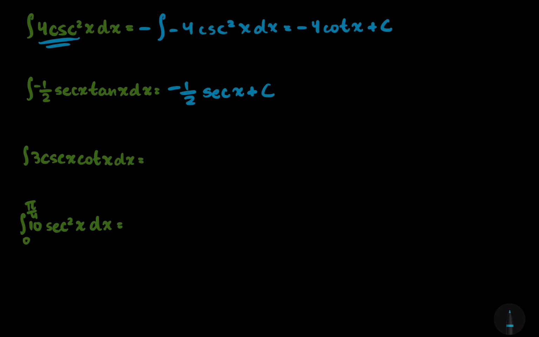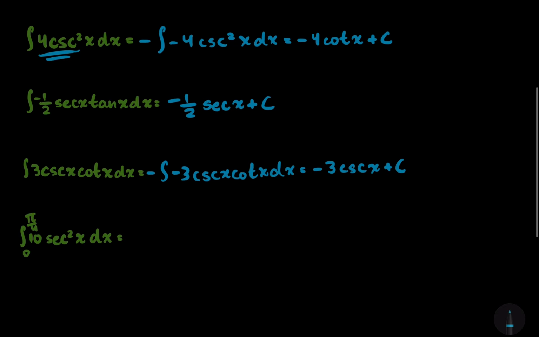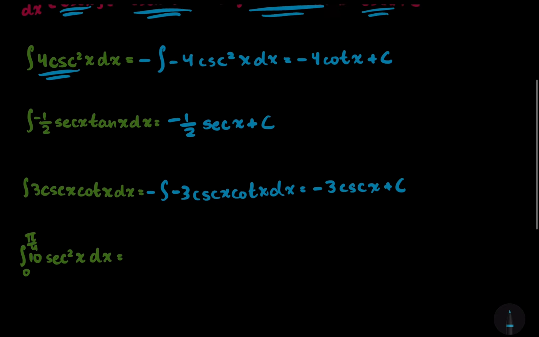We can multiply and divide by -1, so we get the negative integral of -3 cosecant x cotangent x dx, and then we recall that the integral of negative cosecant x cotangent x dx is equal to cosecant x. So this is -3 cosecant x plus c. That's correct, right? Cosecant of x, yeah, okay.